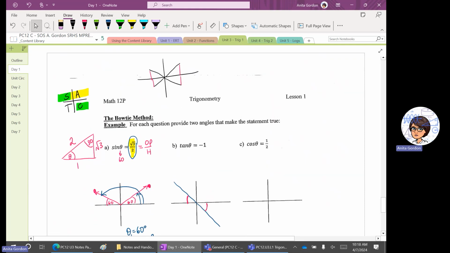So again, looking at my special triangle, I know it's going to be the 45 angle, right? Because I'm saying that opposite and adjacent are both 1, or whatever. They're the same value. So this is going to be my √2.